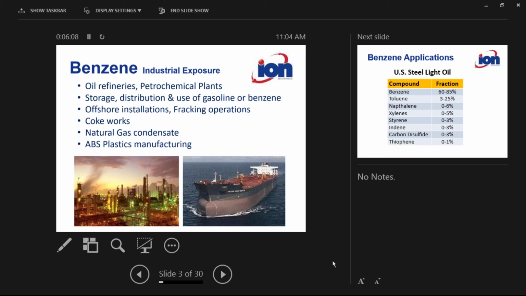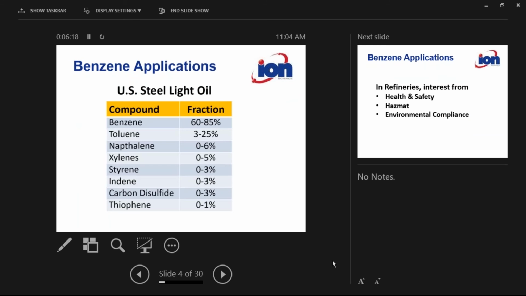We had some people wanting to use them in natural gas condensate, where liquids collect in natural gas pipelines, and there is a little bit of benzene in there. In ABS plastic manufacturing. We recently had a request from U.S. Steel. This is their light oil coming from the coking operations, containing a large fraction of benzene.